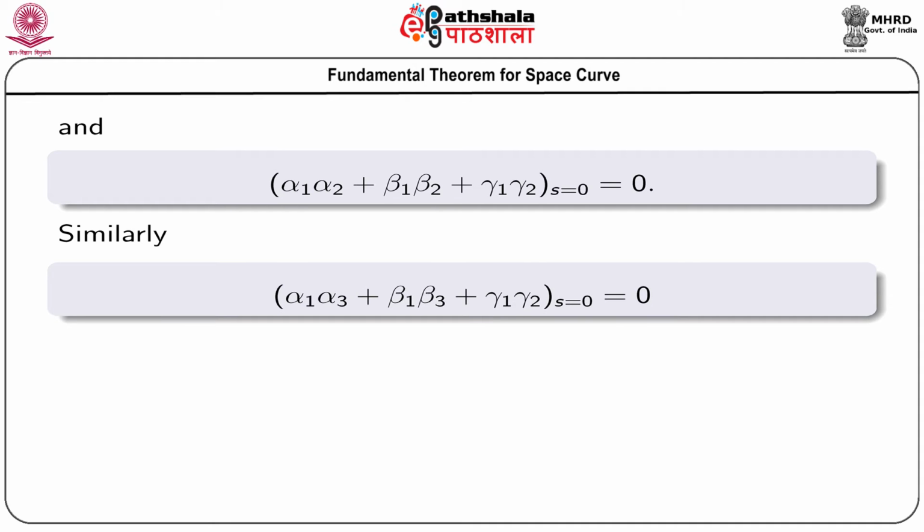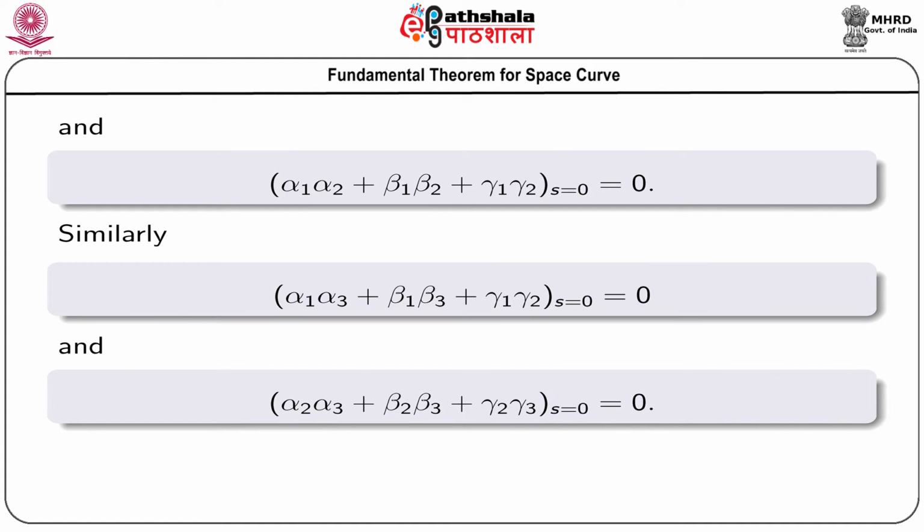Similarly, α1α3 + β1β3 + γ1γ3 at s = 0 will be equal to 0, and α2α3 + β2β3 + γ2γ3 at s = 0 equals 0.